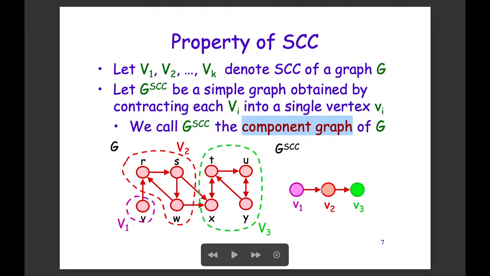And we also represent multiple edges by a single edge. So it is called the component graph of the original graph G. Is that okay? Here it is like we are contracting each strongly connected component into a single vertex, and we get this component graph.